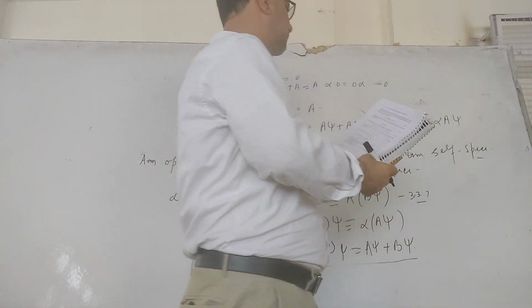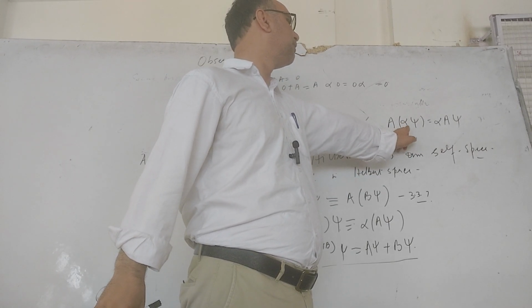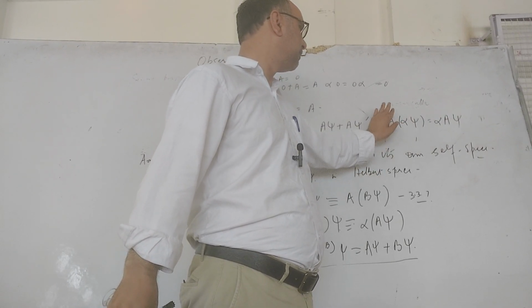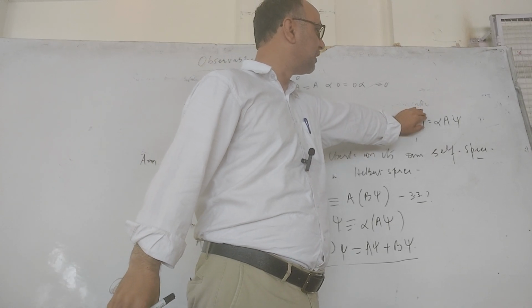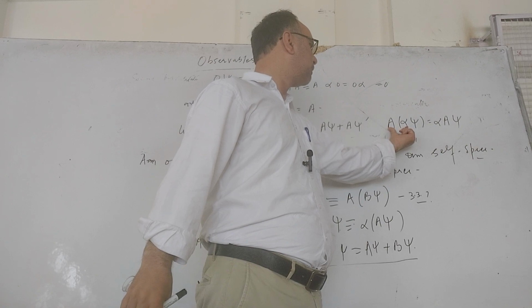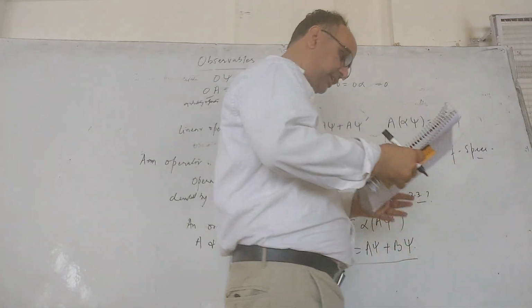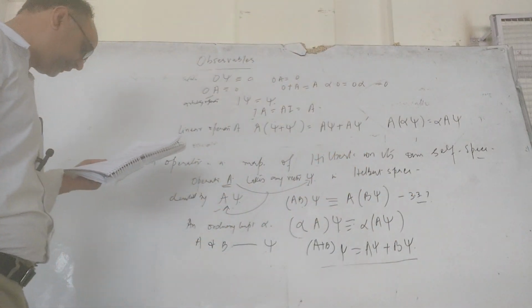So you can see here the scalar operates on the function first, then the operator acts on whatever has been there. It doesn't matter whether you operate these two separately. So they were enumerating these properties here.